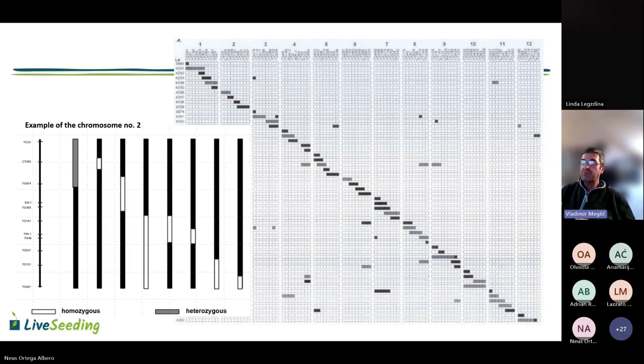And in the foreground, on the left-hand side, you see the example of chromosome 2, where we have in white homozygous segments of the lycopersicoides dark tomato genome. That was done with the tools at that time, and I was using a lot of RFLPs.